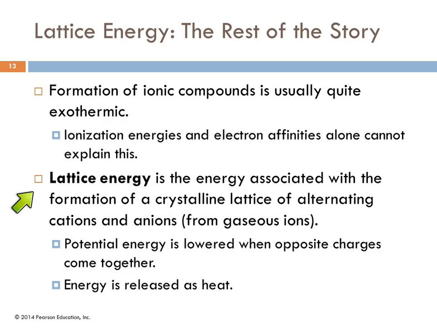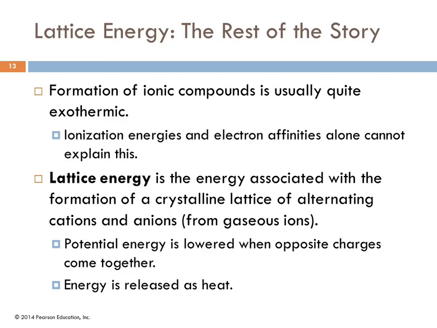Lattice energy is the energy associated with the formation of a crystalline lattice of alternating cations and anions. So energy is released when we get these positives and negatives all lined up. Hopefully you've at least seen that toy, magnetics, with the balls and the sticks, and they're magnetic and they just click together, right? It wants to stay together because of the forces of attraction.